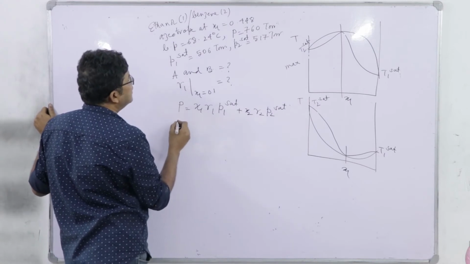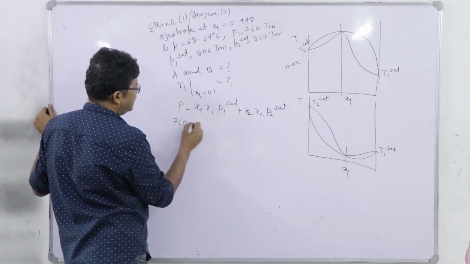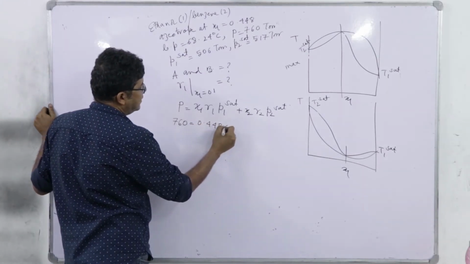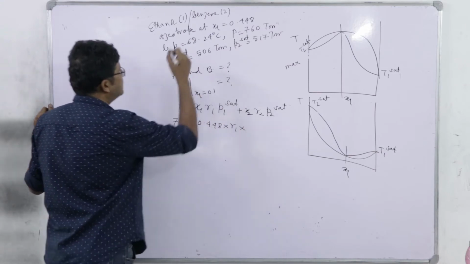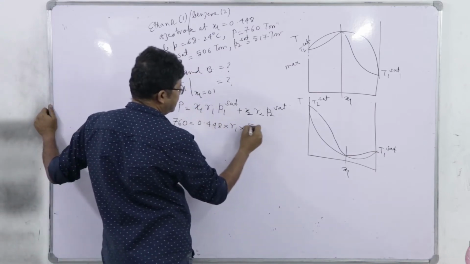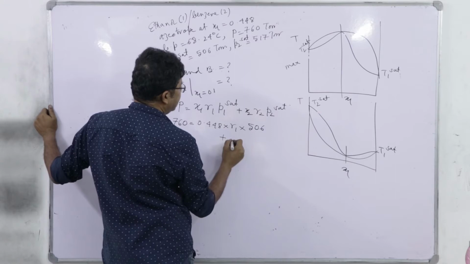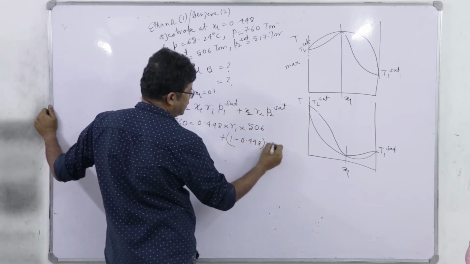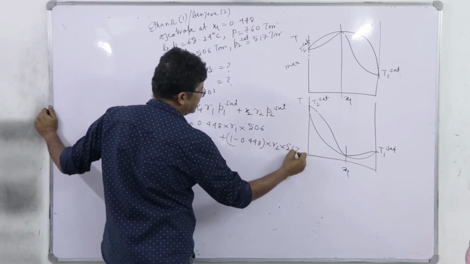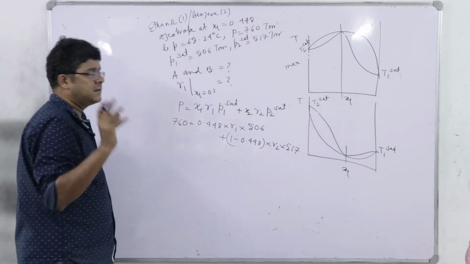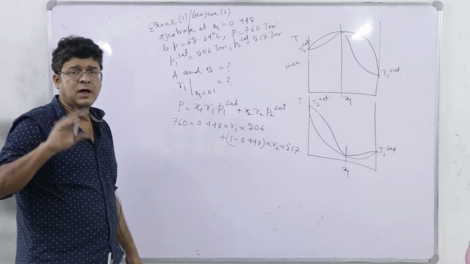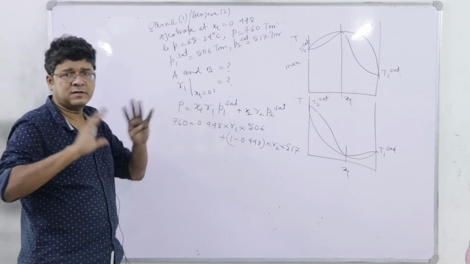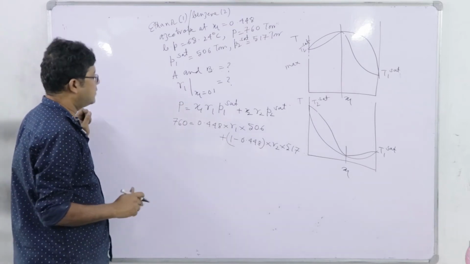And P is 760 torr, that is 1 atmosphere. 0.448 into gamma 1 into P1 sat, that is 506, plus x2, 1 minus 0.448, into gamma 2 into 517. So we'll get some constant into gamma 1 plus some other constant into gamma 2 equal to a constant. So it's a linear equation.